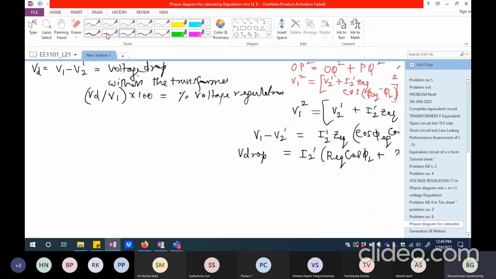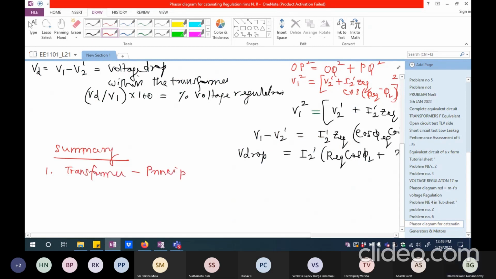Okay, so let me maybe summarize what we did in transformer. So, summary: we started with the basic principle of operation of the transformer. So we said electromagnetic induction, primary, secondary, and then core, and then ampere turn balance, all those things we talked about.